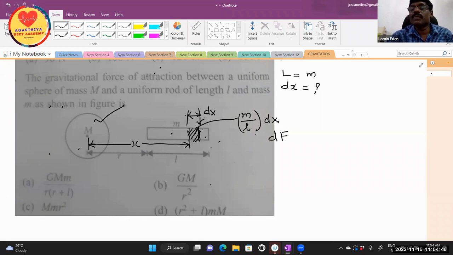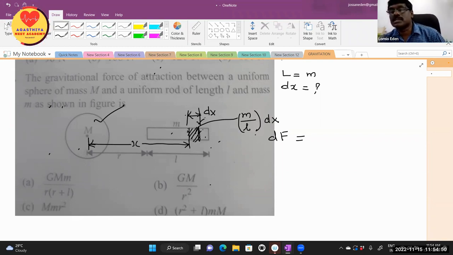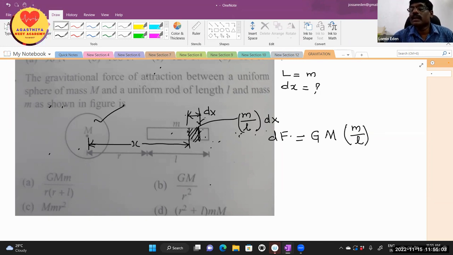the gravitational force between the capital M and the elementary mass. The formula is G, mass capital M, elementary mass small m over L times dx, that is M1 M2 divided by R squared. What is the position of the elementary mass from the centroid of the sphere?